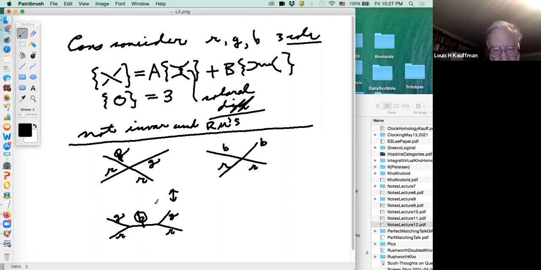And you can think of calculations involving a link as corresponding to calculations involving a graph, possibly by adding some virtual crossings, as we discussed before. And over here, it would be, again, a graphical edge, and then you would have red and blue, and you'd have a green in here.